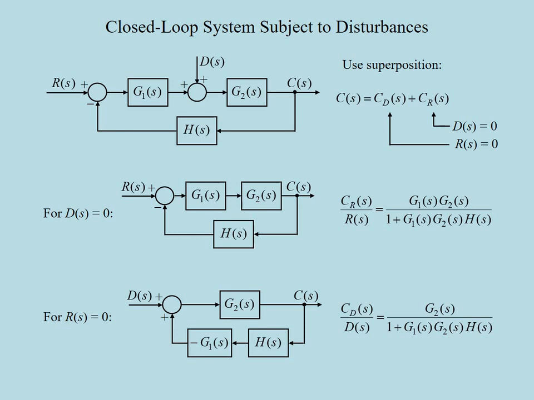In fact, this is called the characteristic function of the system, and it is the common denominator of all transfer functions you can write between the signals in this loop.